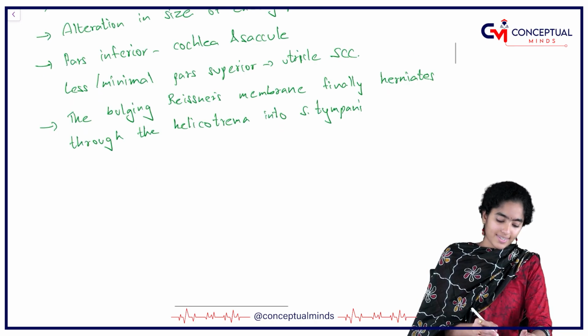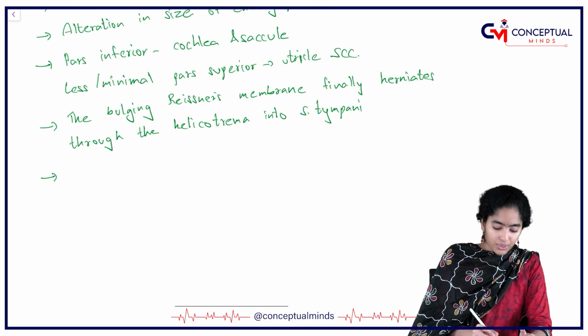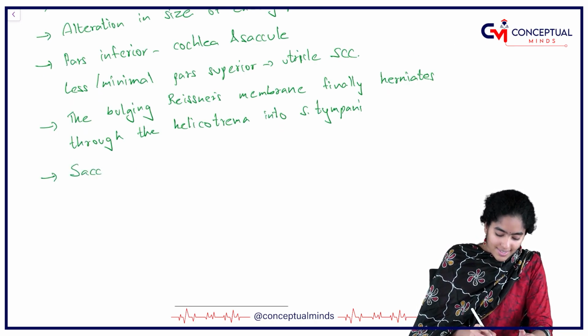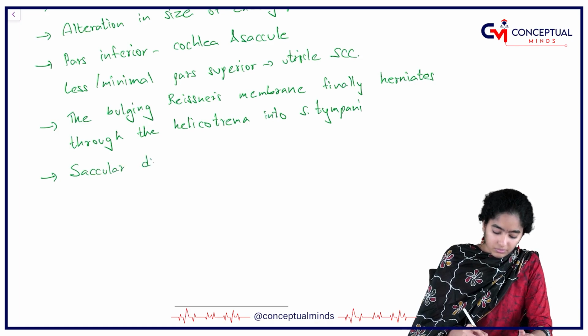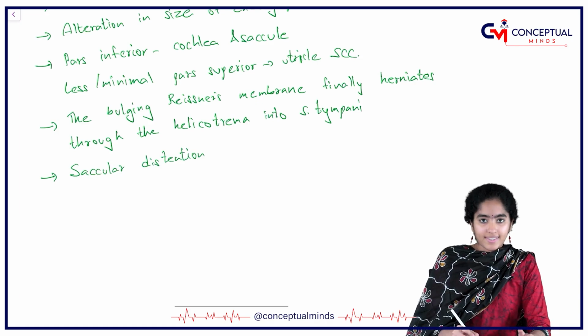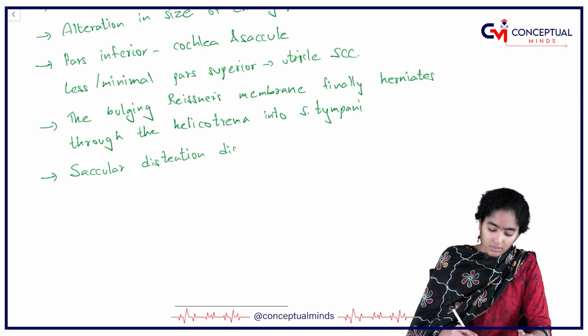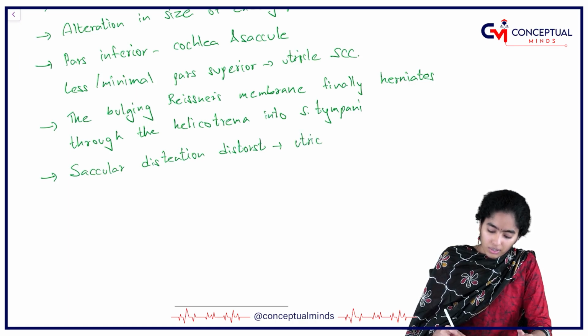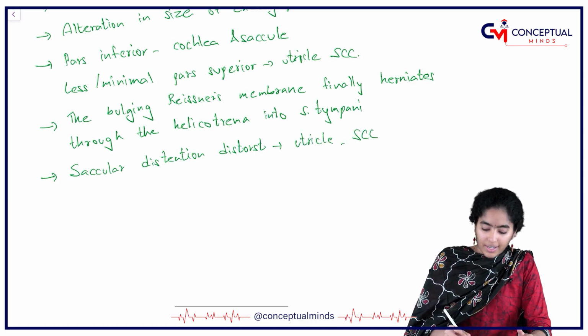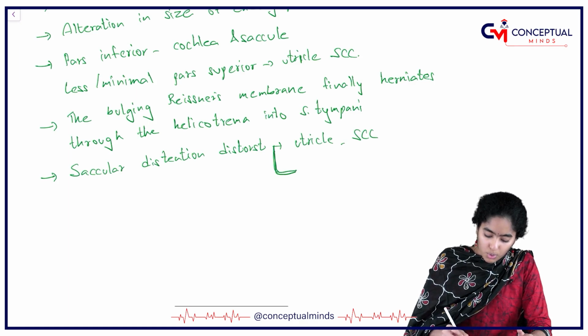What is Henneberg sign? Okay, before that, the saccular distension distorts the utricle, semicircular canals, and also most importantly, the stapes footplate.